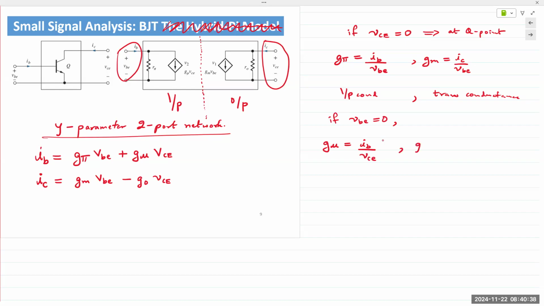And we can write GO, output conductance, as IC over VCE. This is on the output side. And of course, the reciprocals of these conductances also give us the resistances, the input resistance and the output resistance.